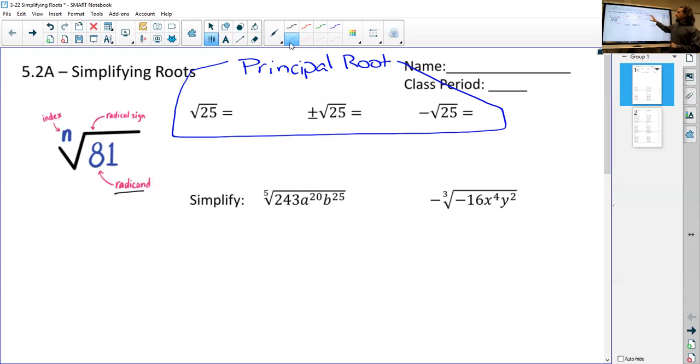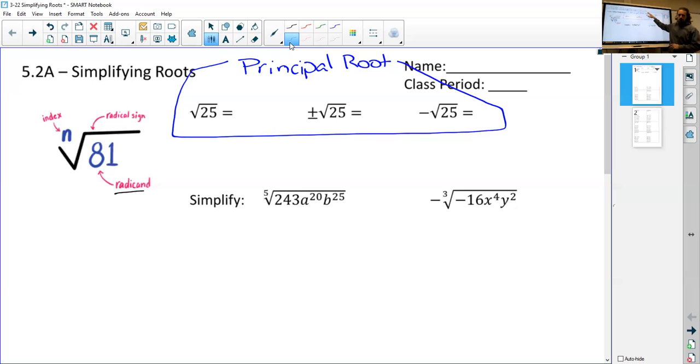The second part we talk about is the principal root, and this just makes our work a little bit easier. Like if we say the square root of 25, that can either be positive 5 or negative 5, right?